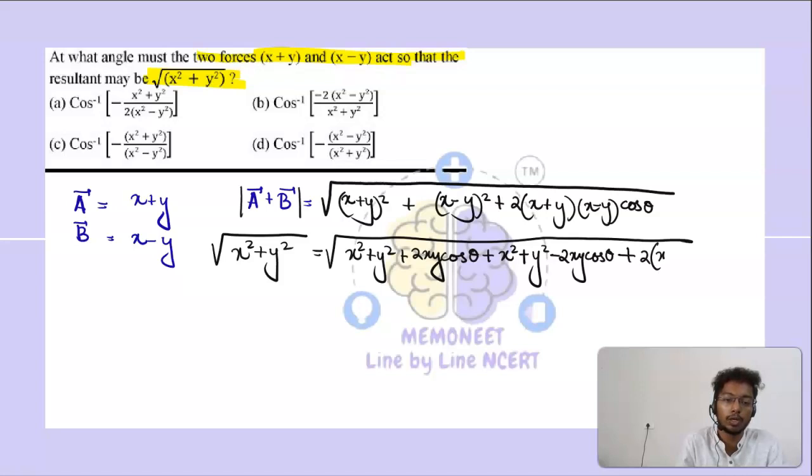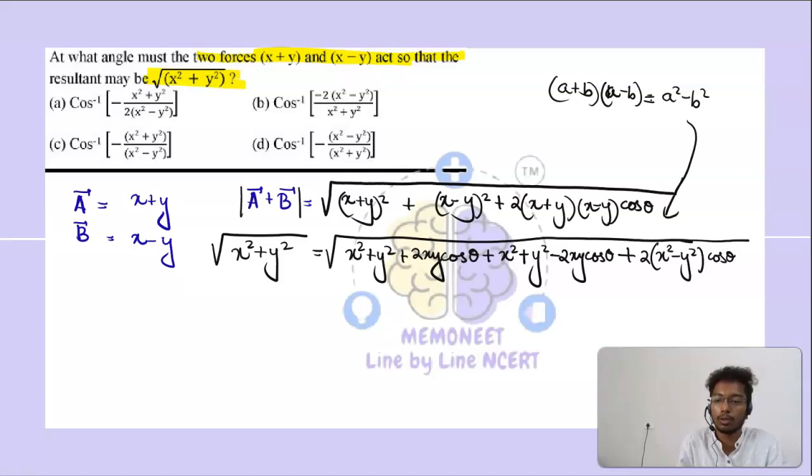That is 2 whole into (x square minus y square) cos theta. Okay, so we have (a plus b) whole into (a minus b), for this we will have a square minus b square. Likewise I have put here.